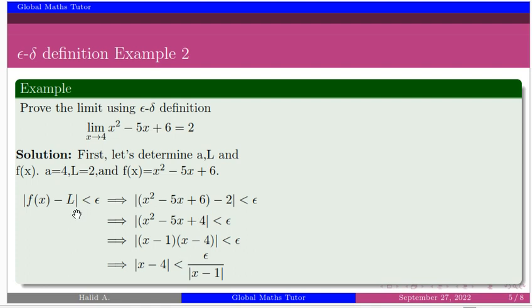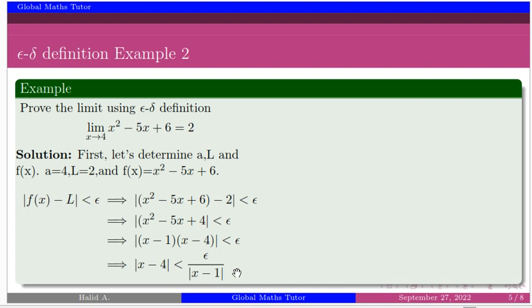Our f(x) is x squared minus 5x plus 6, and our L is 2, so it will be |x squared minus 5x plus 4|, and this expression can be factored as |x minus 1| times |x minus 4|. Our a is 4, so we try to manipulate this as |x minus 4|, dividing both sides by the absolute value of x minus 1, it will be less than epsilon over |x minus 1|.